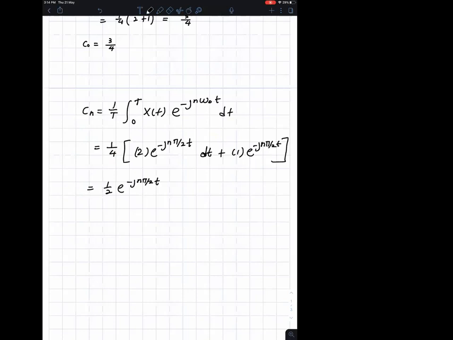And then the other one would be... I forgot to put the integral signs. Nobody corrected me.